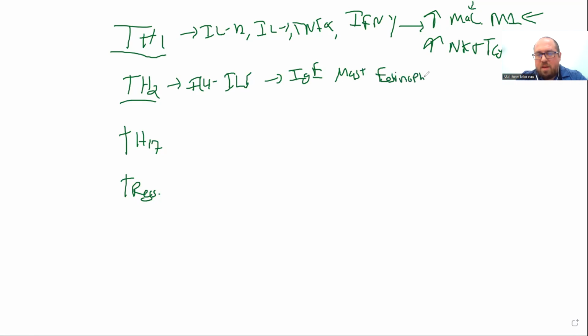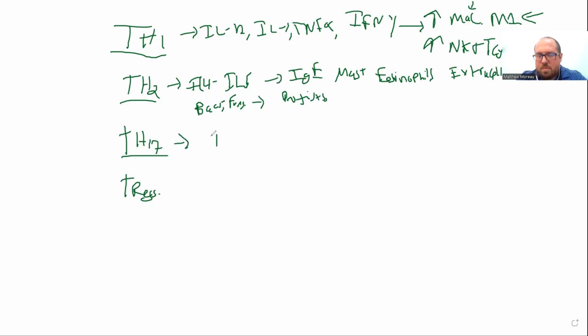And so Th2 is typically important for extracellular pathogens. You can have some Th2 when it comes to bacteria and fungi, but predominantly it is for protists, both single cell and multicellular protists.